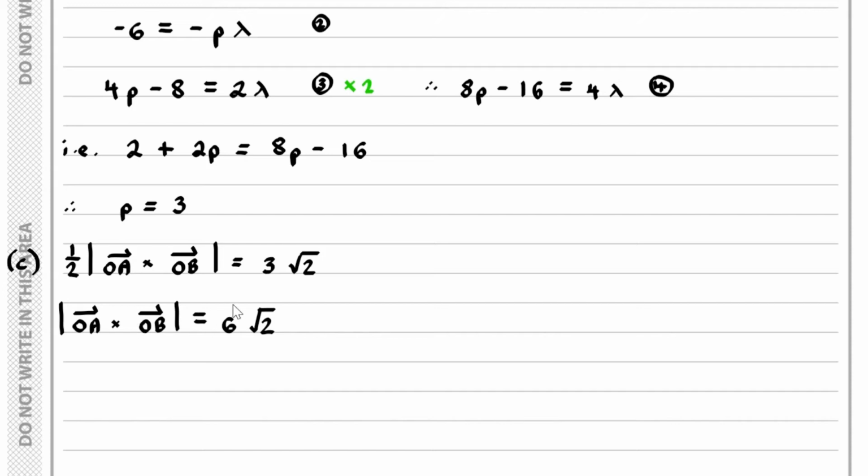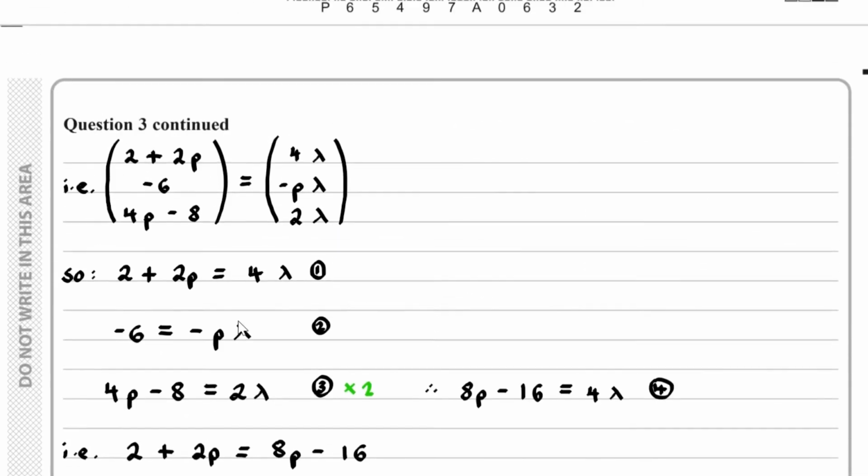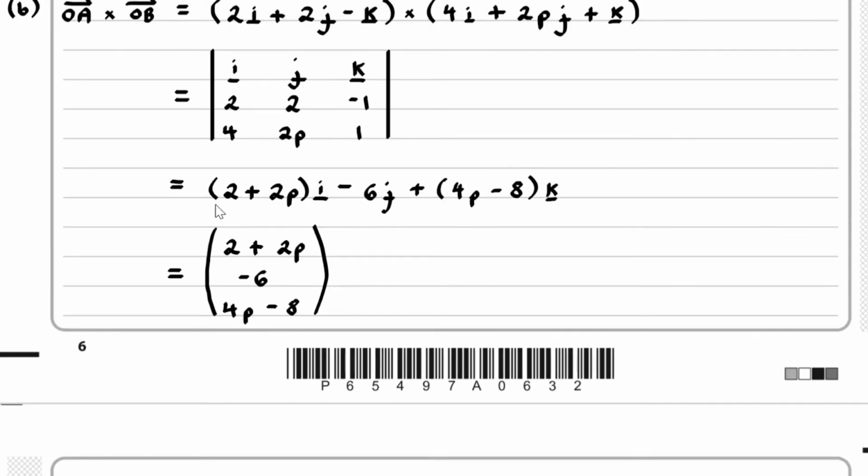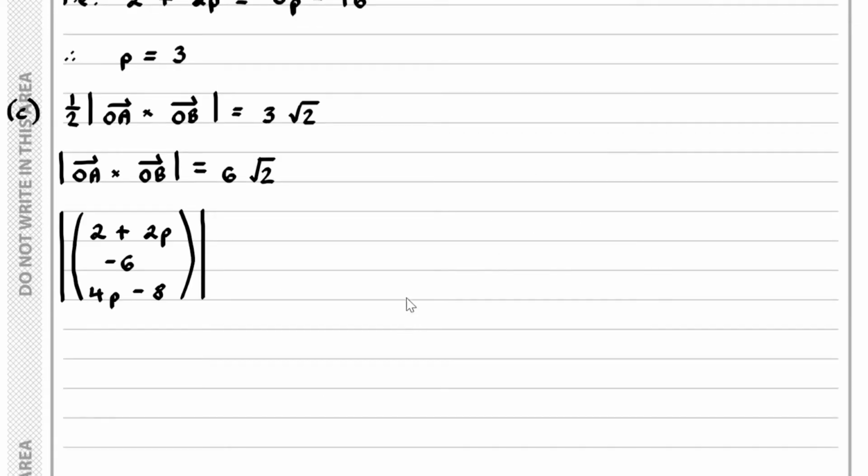Now, happily for us, we've already worked out OA cross OB. We worked that out over here. So we've got the magnitude of 2 plus 2p, minus 6, 4p minus 8, equaling 6 root 2. Now, let's find the magnitude of this vector.